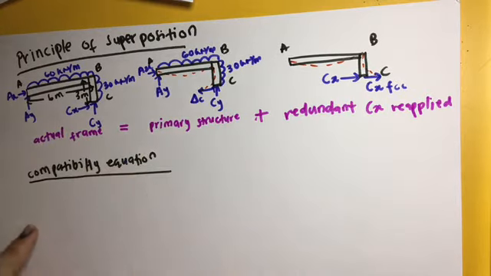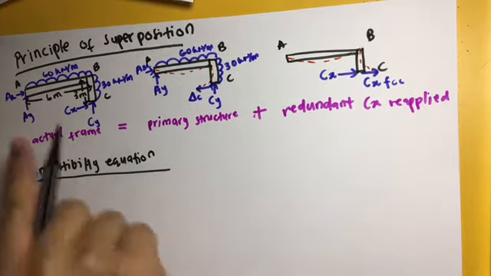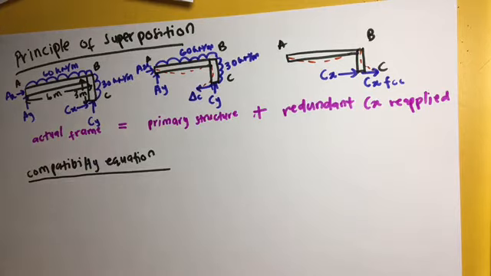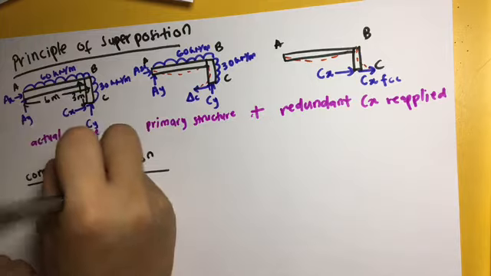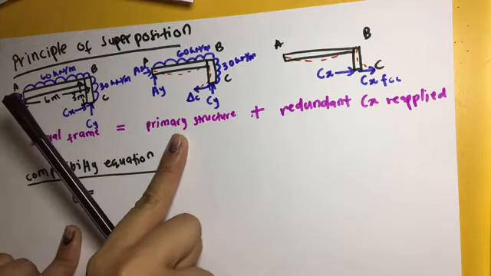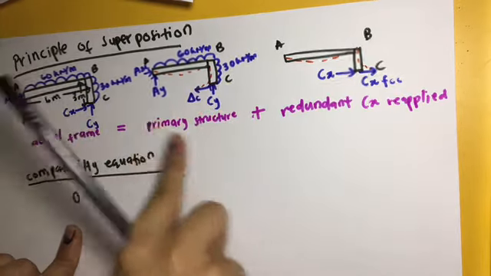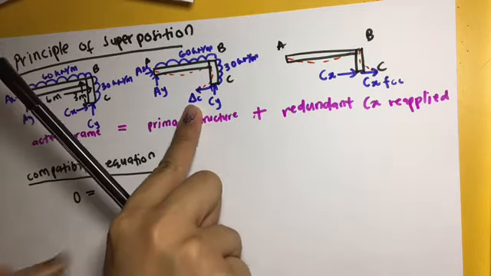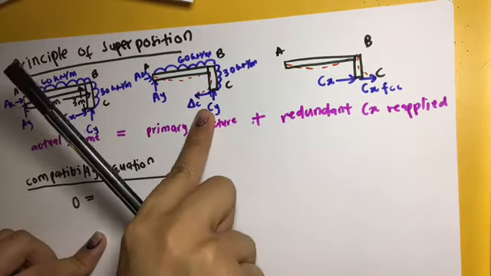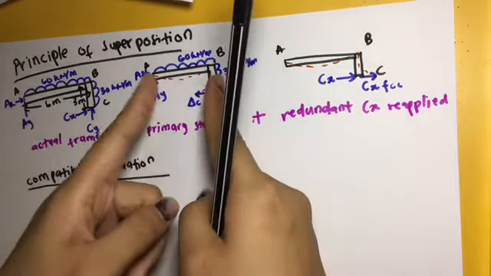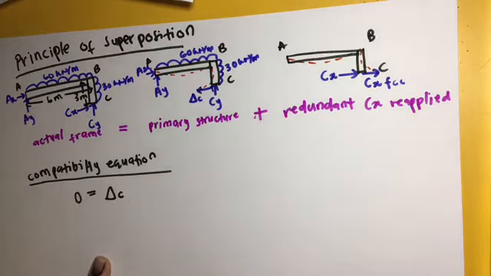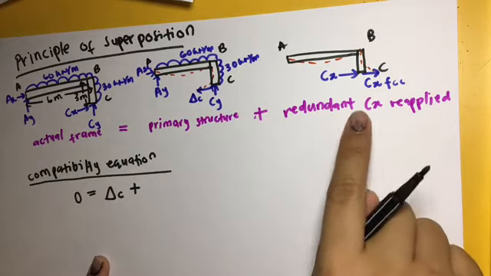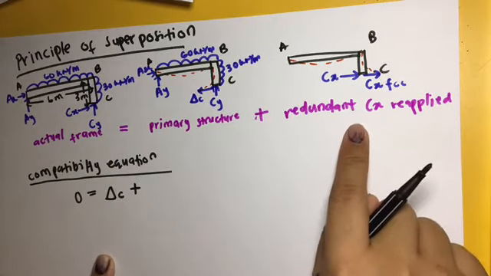All right, so we're gonna find out the compatibility equation. So like I said, over here we have zero reaction here. So the zero equals to this one, primary structure, we took away the redundant Cx and we replace this with delta C. Okay, and we're gonna add the redundant Cx applied.